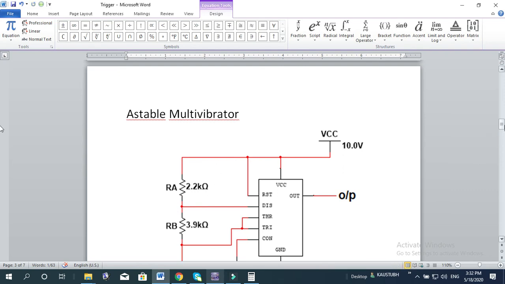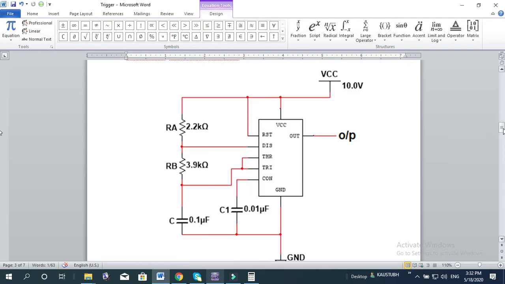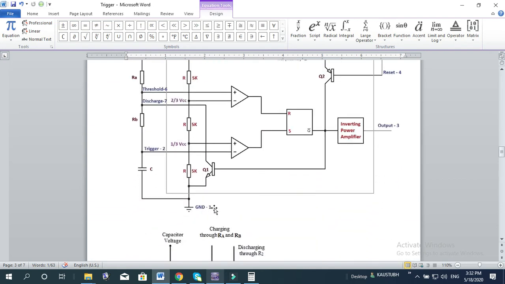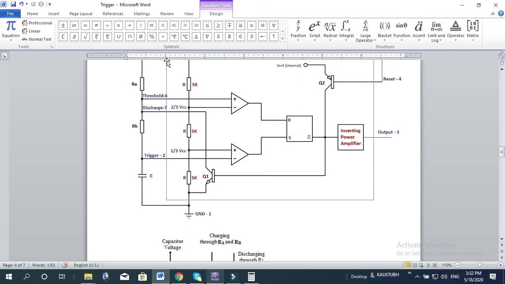So what will happen when RA is 0? When RA is 0, this capacitor charges directly through RB, and while it discharges through RB and Q1, an extra high current will flow.